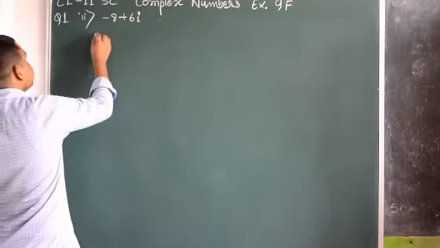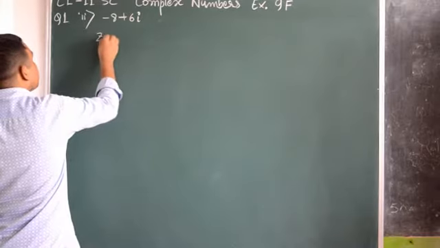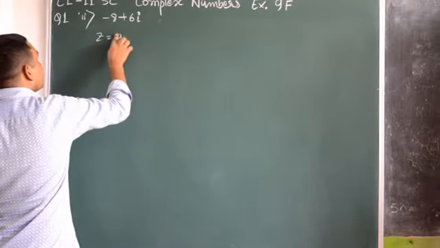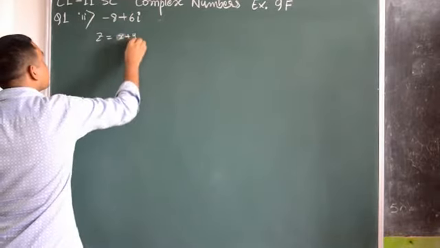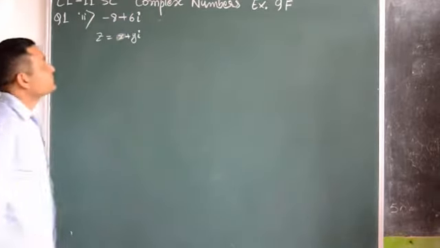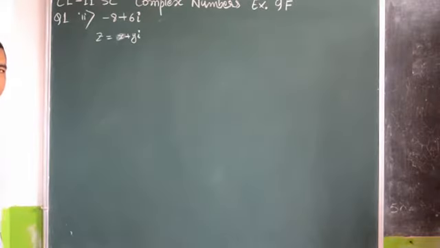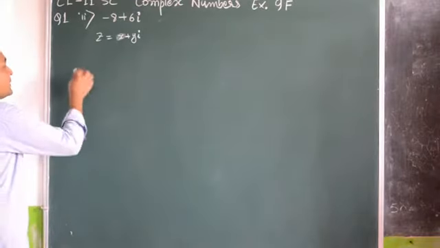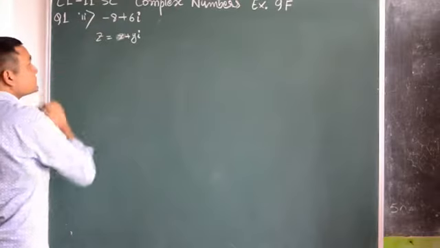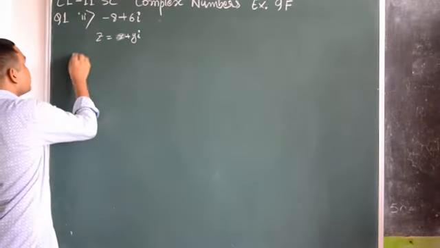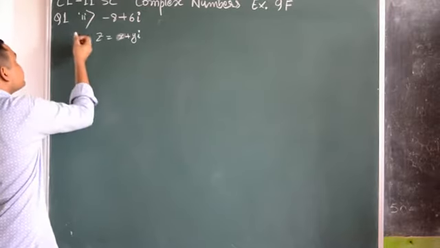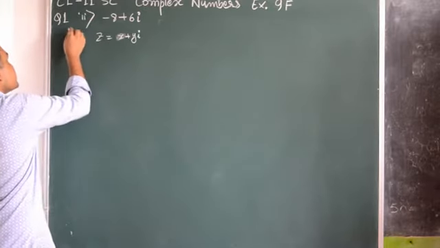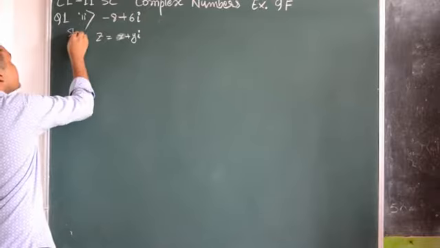Consider, suppose z equals x plus iy. Then the square root of z, this is the step to find the square root.